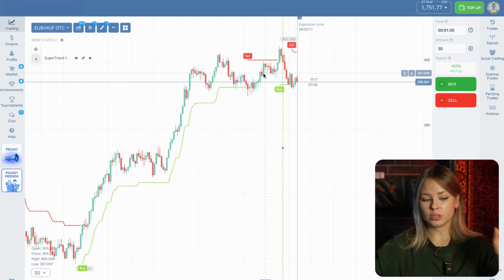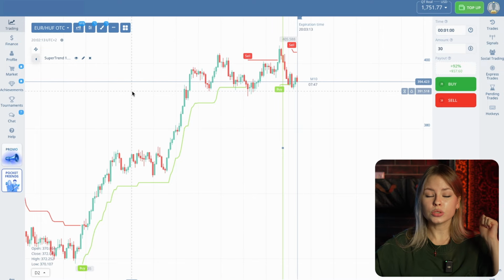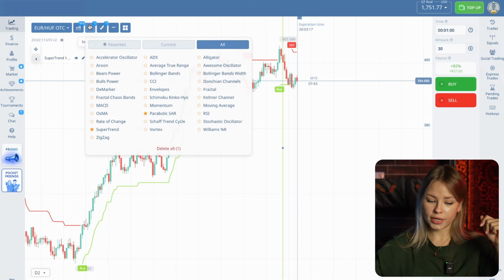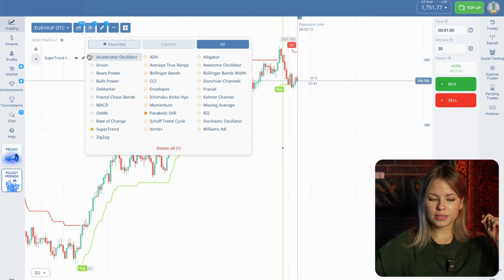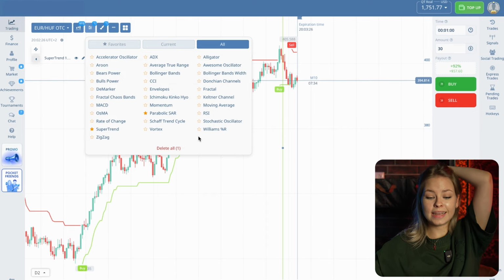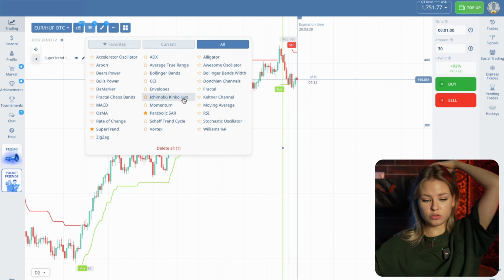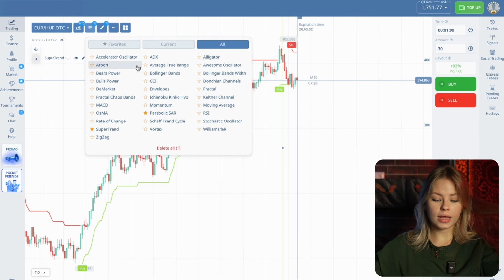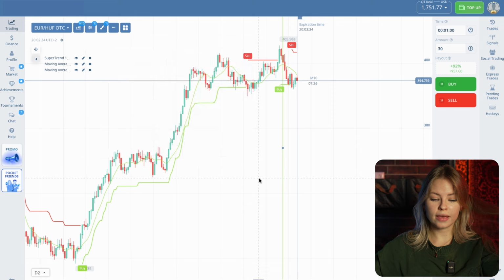Well, and the most important thing you can do if you don't want to lose your money, if you don't want to lose your trades, because it really can be a little bit embarrassing, even awful, when you enter a 10 minutes expiration time trade and then this trade ends up with a minus. Well, I recommend you to use moving averages.